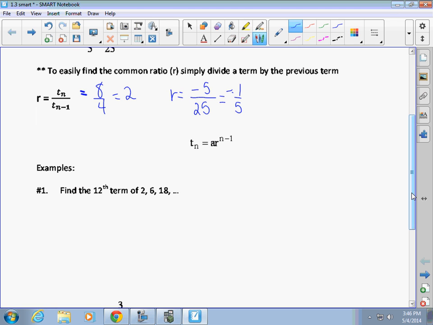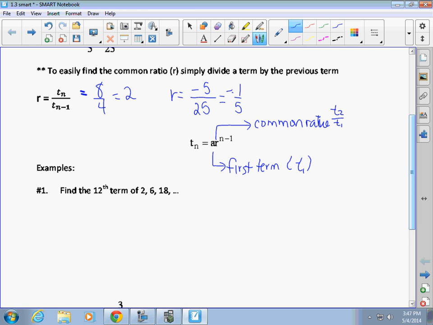Our formula for finding a term in a geometric sequence is Tn is equal to A times r to the power of n minus 1. A is always your first term, also referred to as T1. r is your common ratio, which is term 2 divided by term 1, if you want to write it that way.